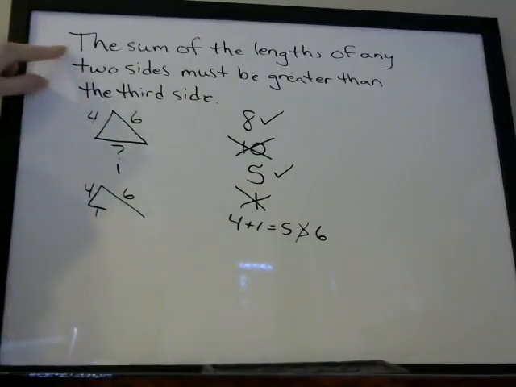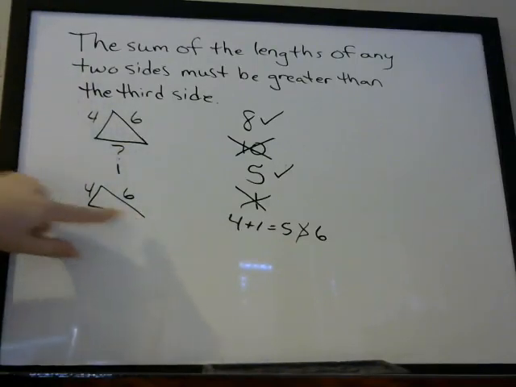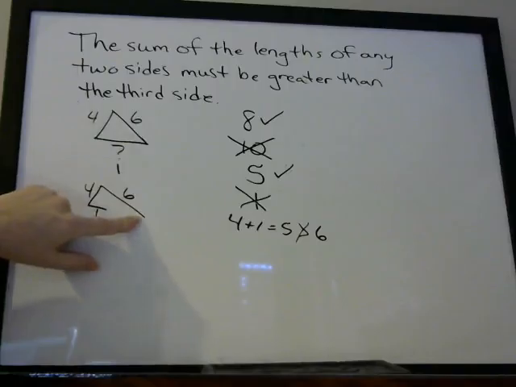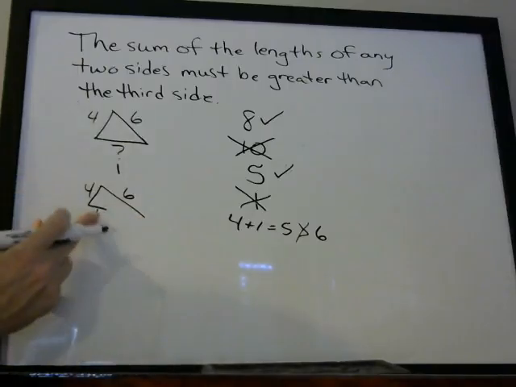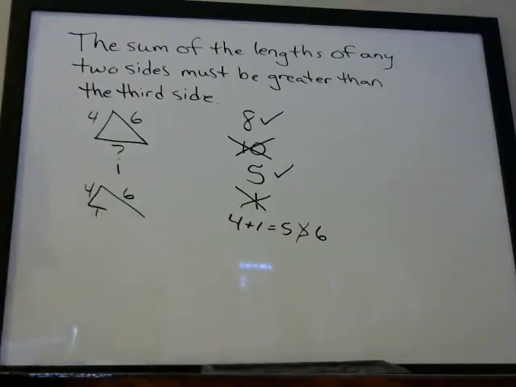The reason that the sum of the two sides has to be greater than the third side is in order for all sides to be able to reach each other. If this one is too short, it won't be able to reach that third side. And that's what this is about. So, know this and remember this. I'm going to take a pause and put one last practice question up.